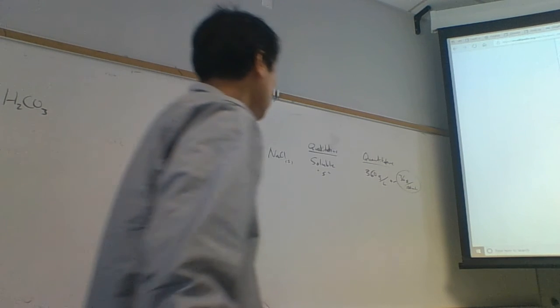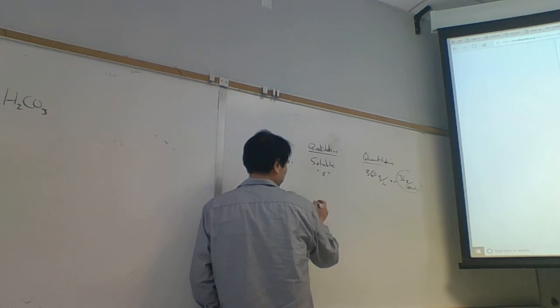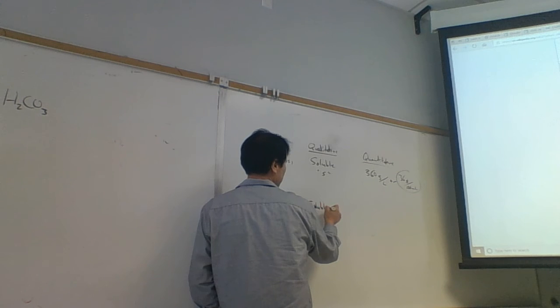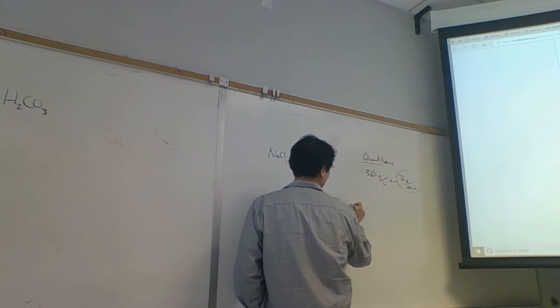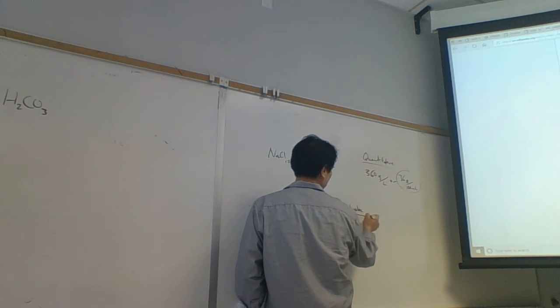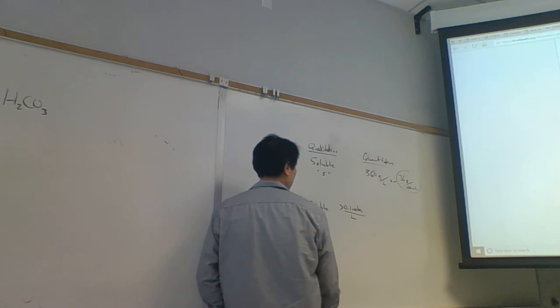And so what solubility means is this. If something's soluble, it just means that greater than 0.1 moles of molecules, formula units, will dissolve per liter of solution.